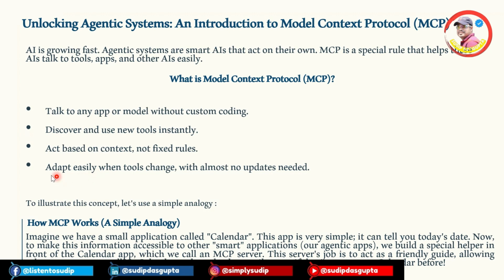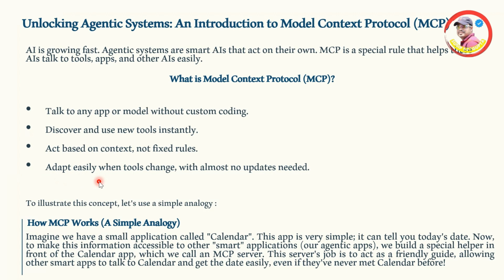Then what else can it do? It can adapt easily to tool changes with almost no updates needed. What does that mean? Suppose the tools it is interacting with, like for example an airline tool, get a version upgrade, maybe new functionalities have been added to that tool.